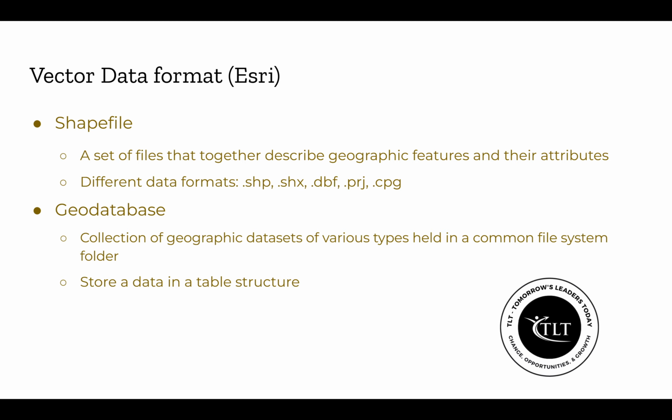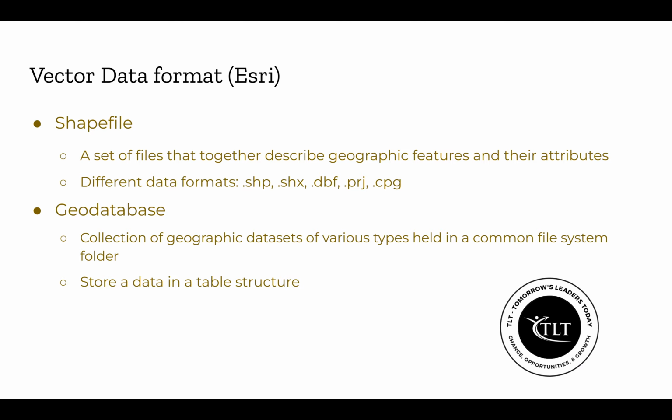Let us now explore how Esri's ArcGIS handles vector data. In ArcGIS, vector data can be stored as shapefiles or geodatabases. A shapefile consists of several files that work together to define geographic features and their attributes, such as .shp, .shx, and .dbf files.